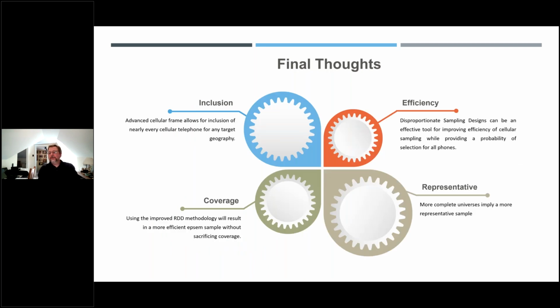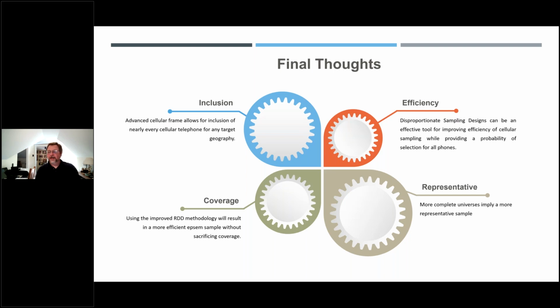Some final thoughts here on the advanced cell phone frame. The advanced cell phone frame allows for inclusion of nearly every cellular telephone number for any target geography, right? Because it's built on the base of the RDD frame that includes every possible cellular telephone number. You get efficiency gains because now you can employ a disproportionate sample design to improve the efficacy and the production of your sample.